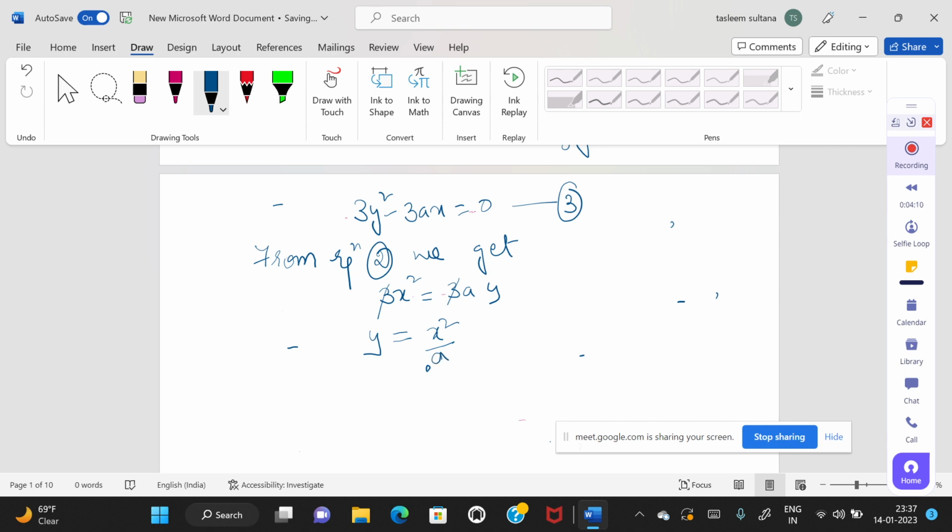I got the value of y is equal to x square by a.